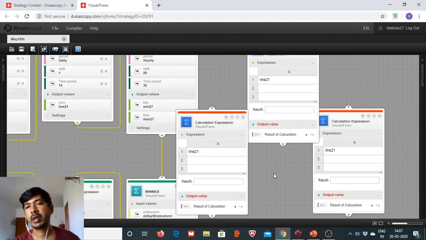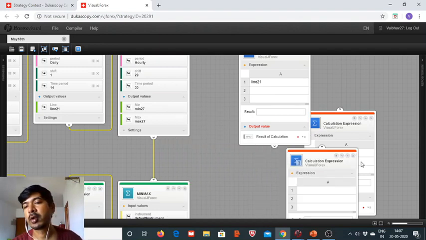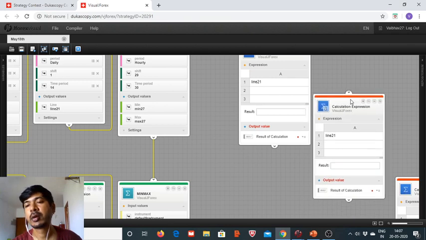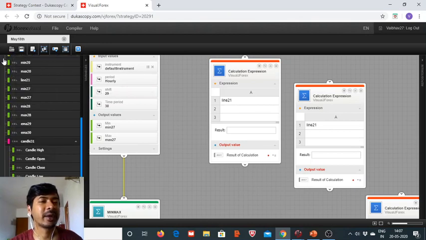We don't really need the ATR value in all the three blocks. The order validity will not need ATR, only the stop loss and the target. So I kind of overlooked that fact.